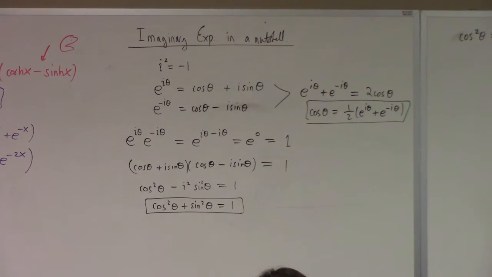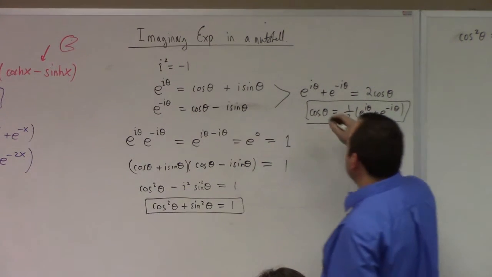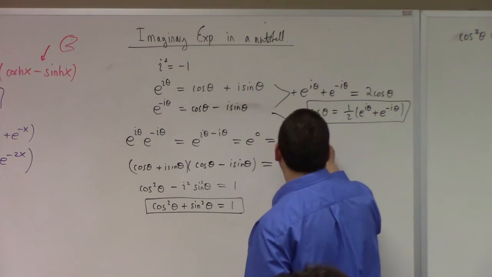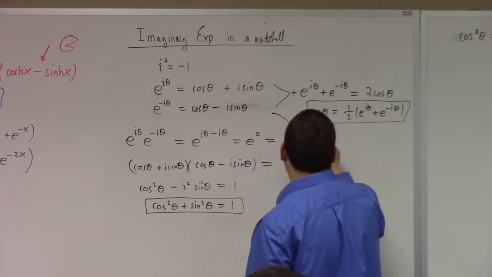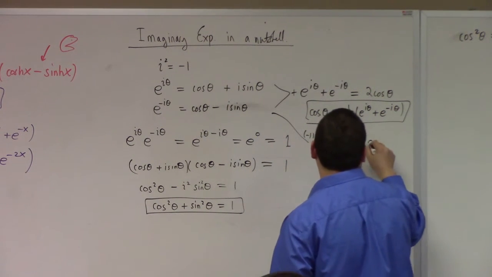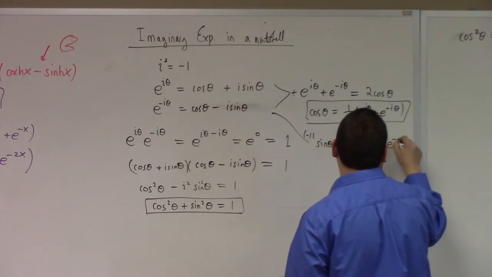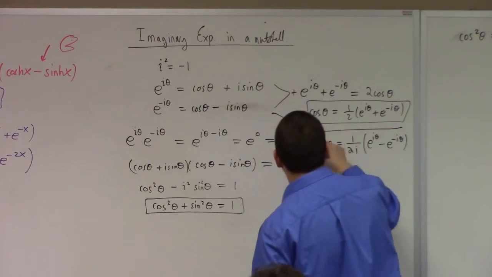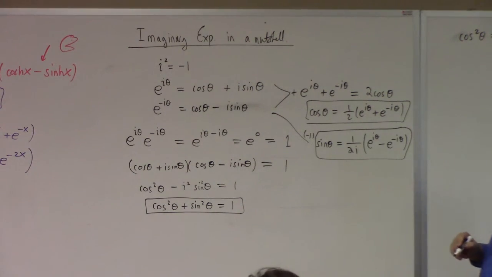If we subtract, what do we get? We can derive that sine theta is 1/(2i) (e^(i theta) - e^(-i theta)). So this is how we do sine and cosine in terms of imaginary exponentials.